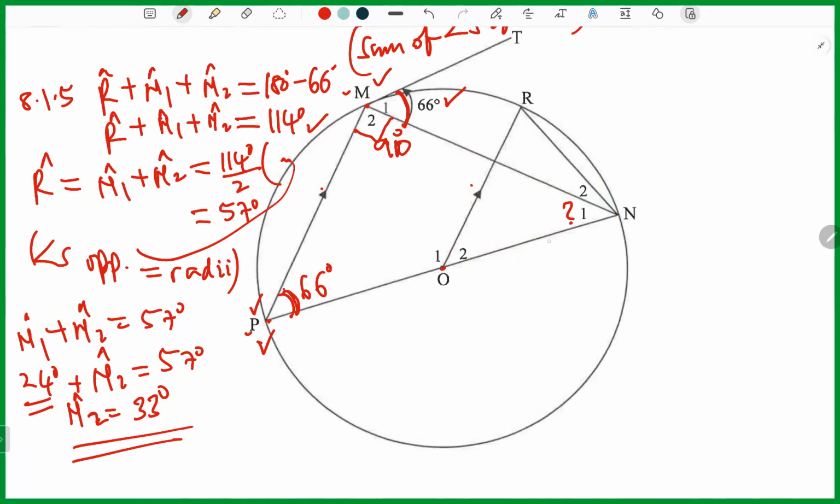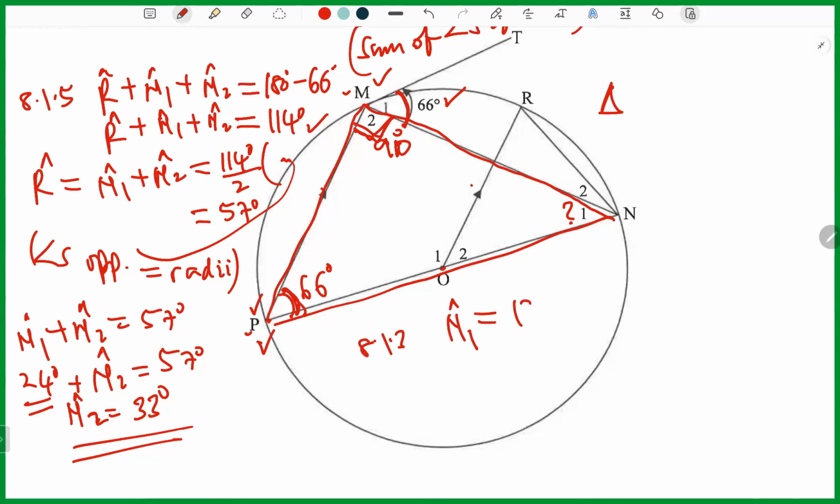And we realized that we knew something. We knew that this is 90. So we looked at the triangle, this one here. We already know this one is 66 and this one is 90, so it's easy to get the third one. So in 8.1.3 angle N1 will just be 180 degrees minus the other two angles, 180 degrees minus 90 degrees plus 66 degrees.